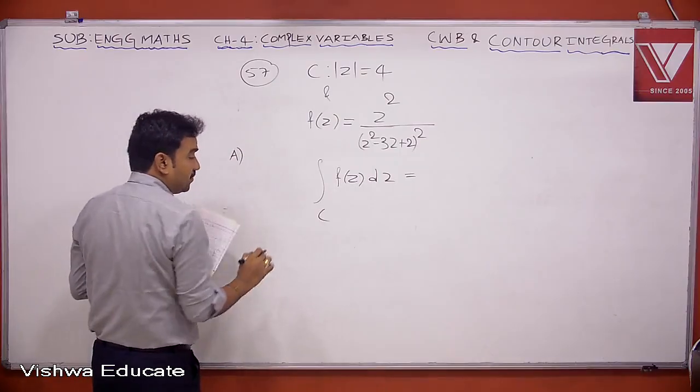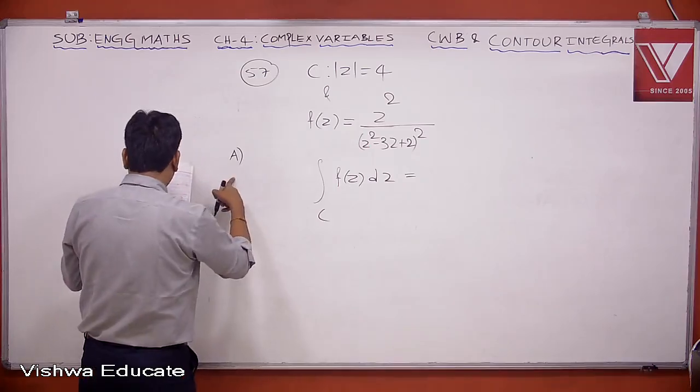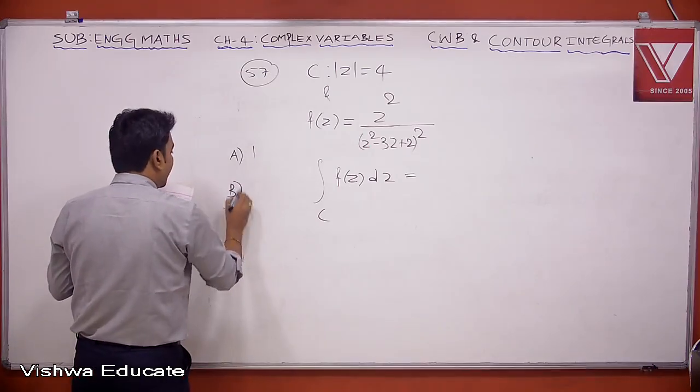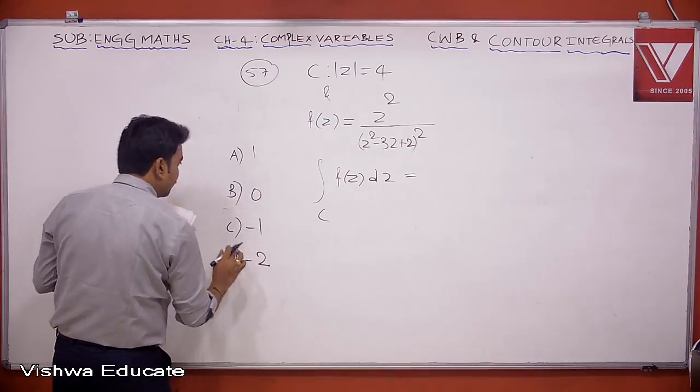Using options also we can answer this. So option A is 1, B is 0, C is minus 1 and D is minus 2.